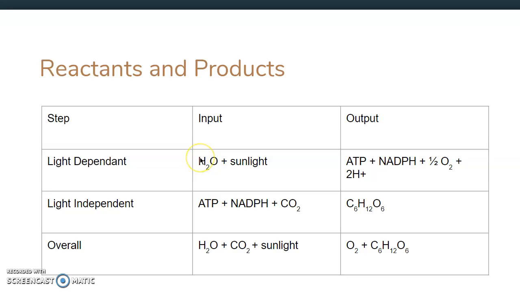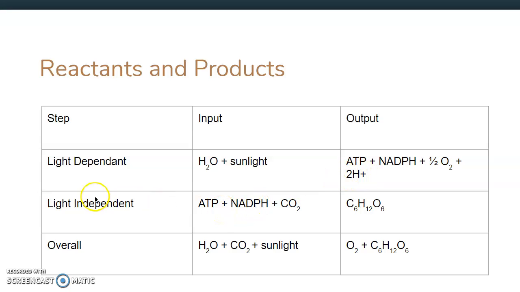So when we look at our water and sunlight, we're making our ATP, our NADPH, half of an O2 because each water molecule only has one oxygen, but oxygen comes in pairs, so that's a little bit finicky, but oxygen and 2 protons, or H pluses.